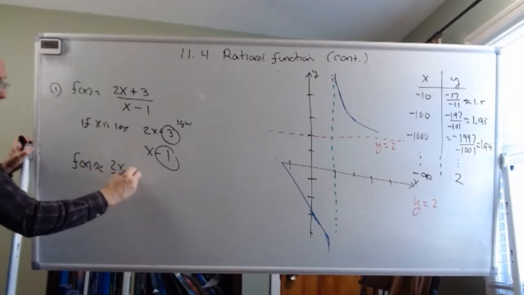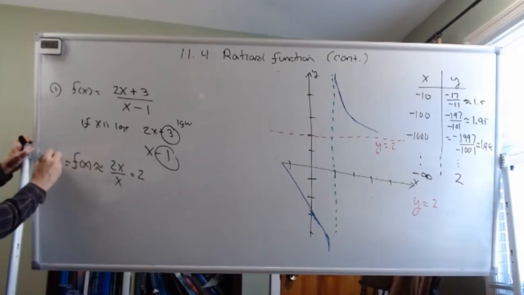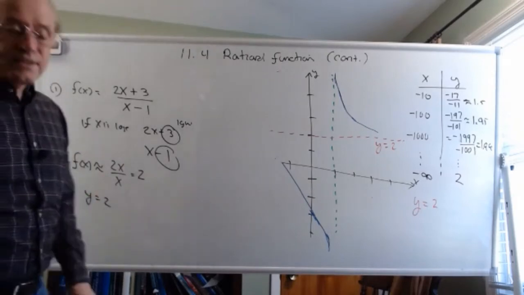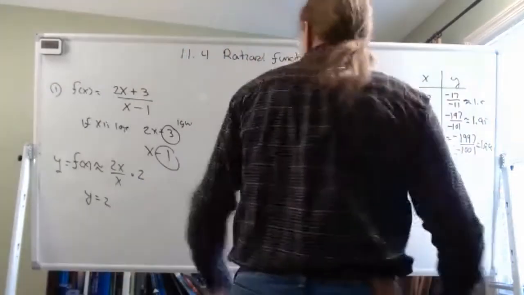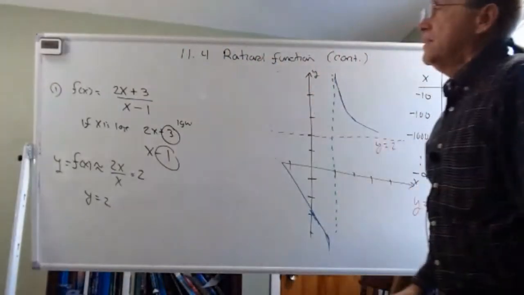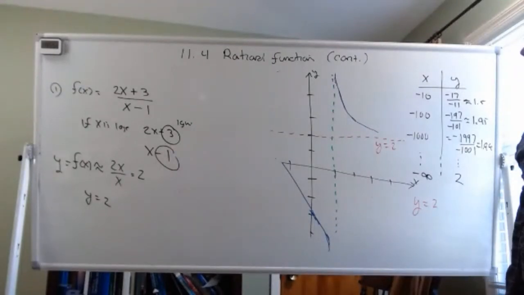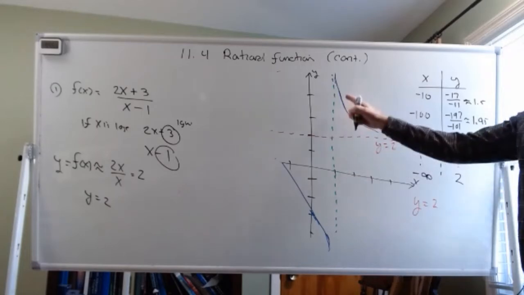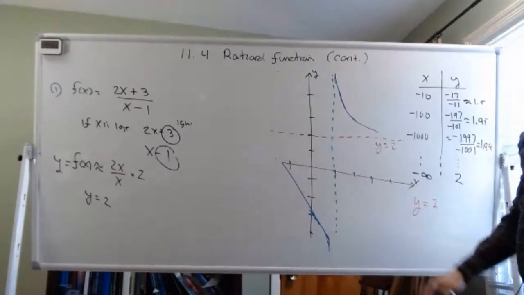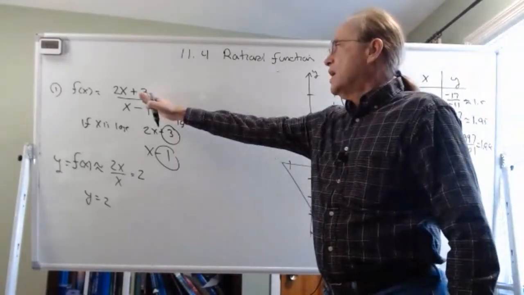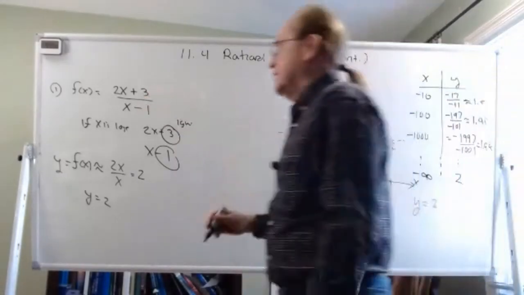Canceling the x's, I get 2. That's my y value. There's my horizontal asymptote. And yes, you can do that at work. But a lot of times you want to justify this. And you will see later on in calculus how you go a step further. Okay, so that is my horizontal asymptote. Table forms, you can also argue this way. Here's another way of looking at it.